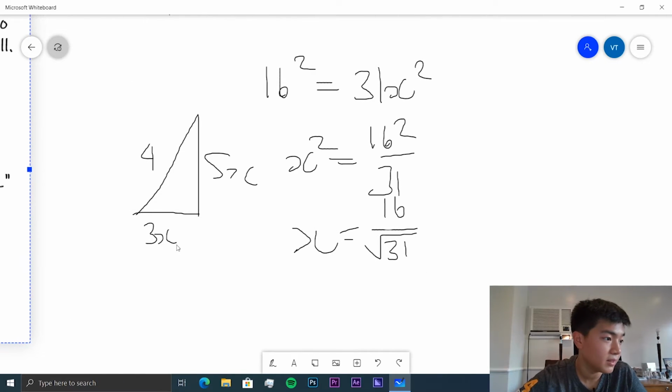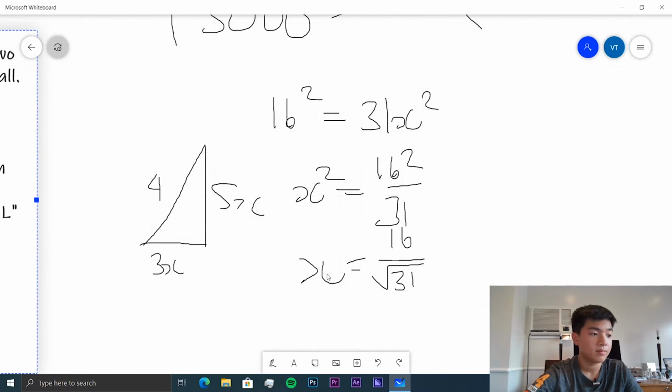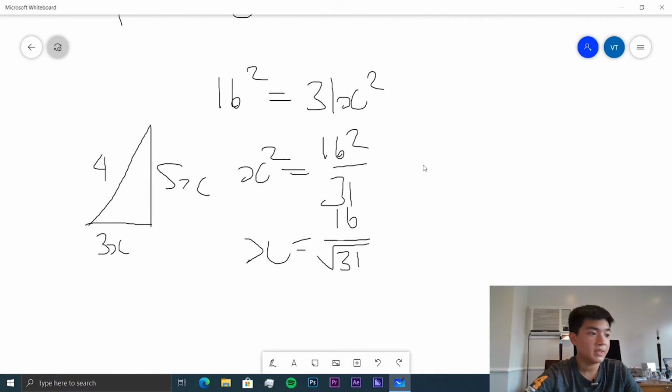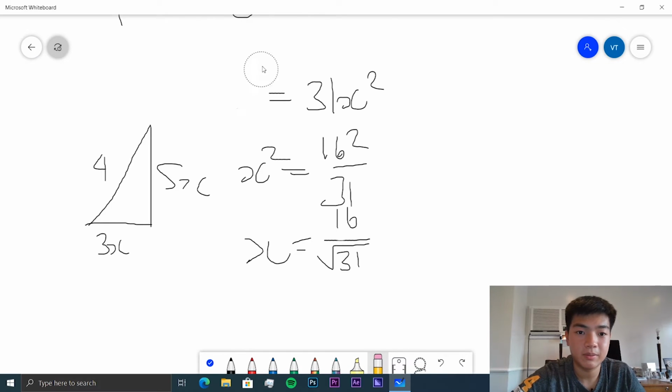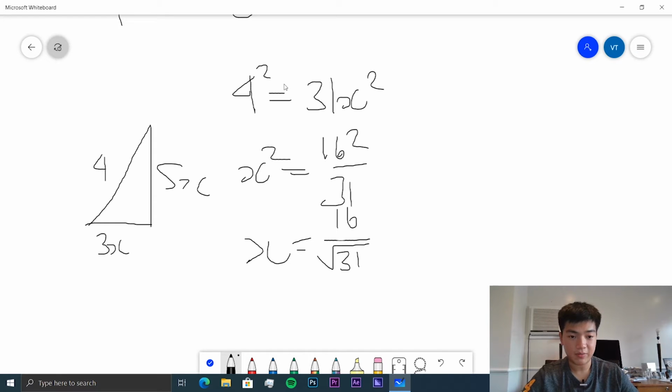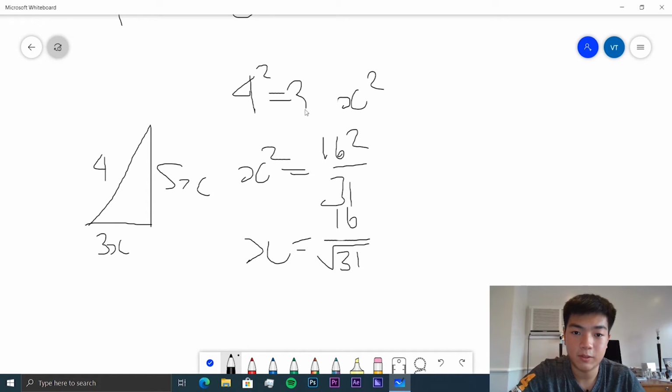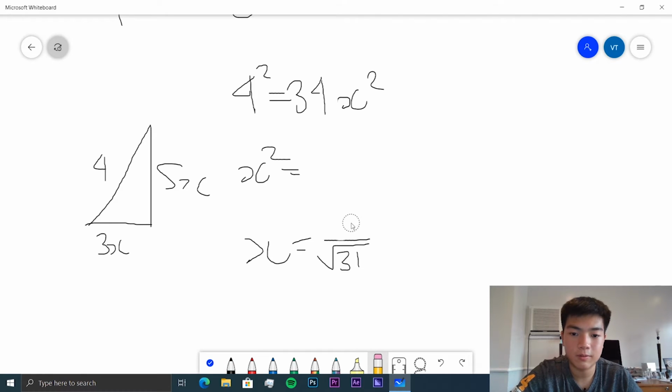Oh, did I get it wrong? Negative 3, 5, 4. I might have miscalculated here. Why did I put 16 squared? It's only supposed to be 4 squared, equal to 25 plus 9x squared, which is 34x squared. So 4 squared is equal to 34x squared, so x is equal to 4 over the square root of 34.